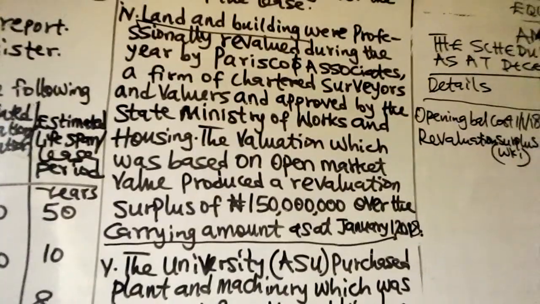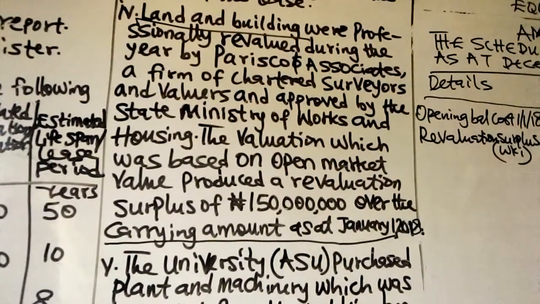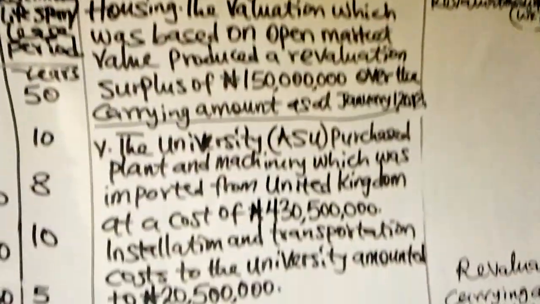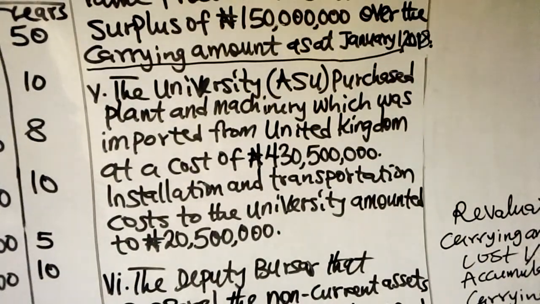Now, we have dealt with note 4, which is all about the revaluation of land and building. Note 5 now. The university ASU purchased plant and machinery which was imported from United Kingdom at a cost of 430,500,000.